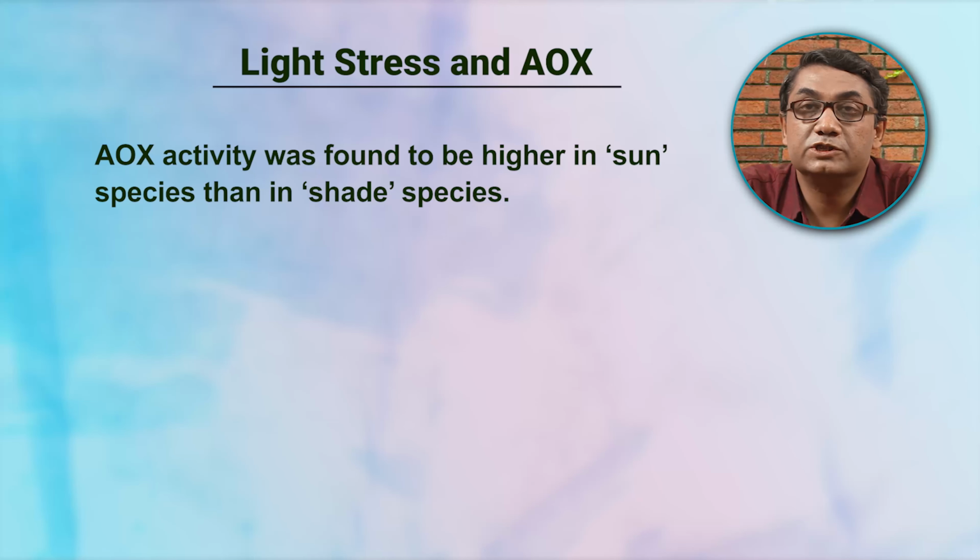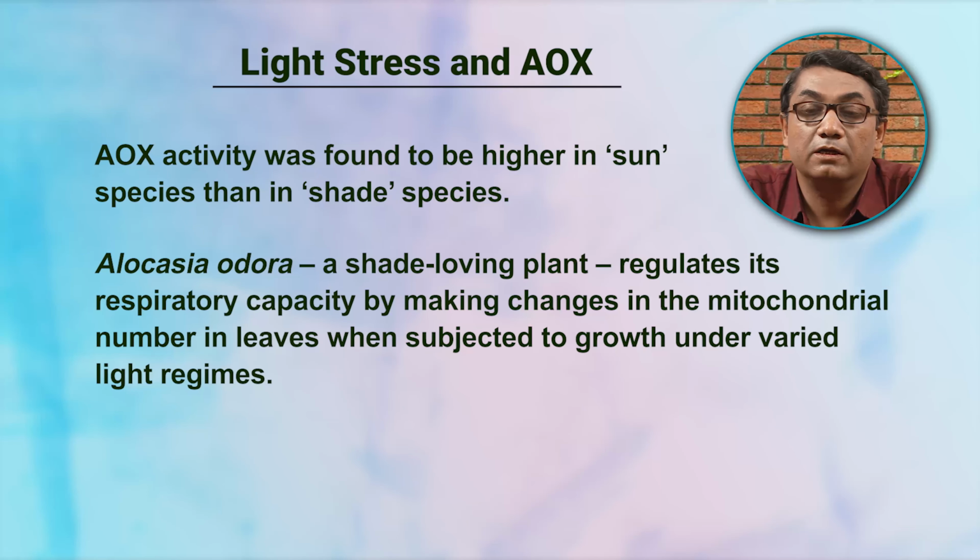AOX activity was found to be higher in sun species than in shade species. Alocasia odora, a shade-loving plant, regulates its respiratory capacity by making changes in the mitochondrial number in leaves when subjected to growth under varied light regimes.